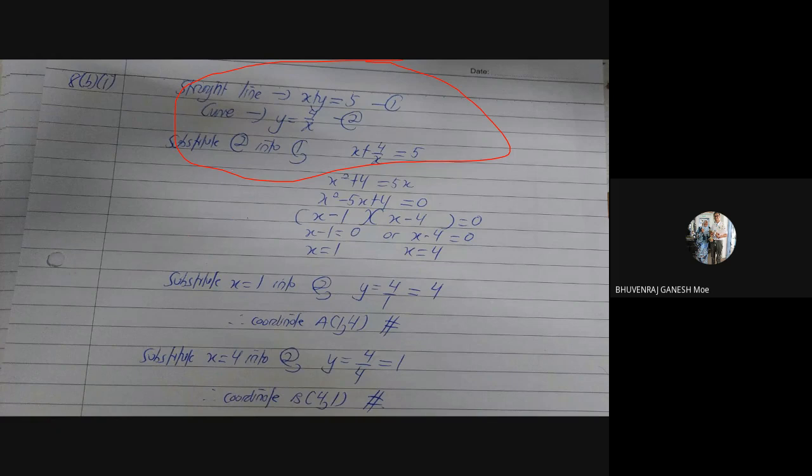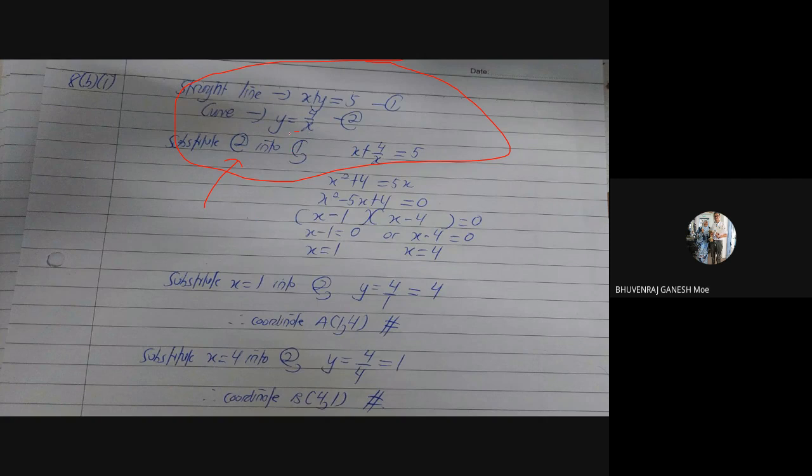Kamu nak saya jelaskan yang ni. Yang 2 masuk ke 5. 2x dan y tu untuk mana? 2 masuk ke 5. X dan y tu untuk mana? Saya tak berapa faham soalan kamu. Oh, 2 masuk ke 1. X dan y tu untuk mana?